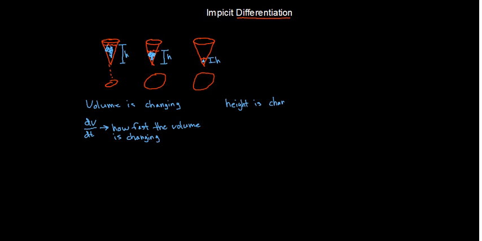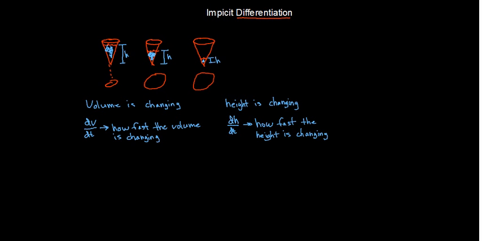That means we have another derivative. There is a derivative of the height with respect to time, which will tell us how fast the height is changing. Alright, we've got that derivative.